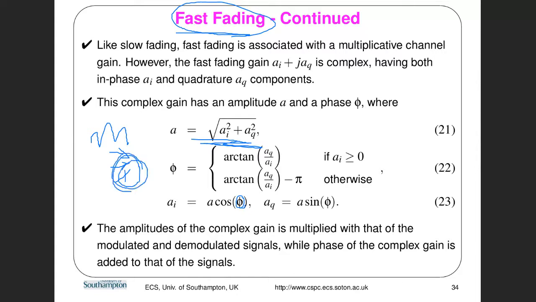It's no longer the same phase as the transmitted signal. I will show you a supporting document in a minute. The important thing from this slide is that from now on, for fast fading, we represent the fading gain by a complex value.